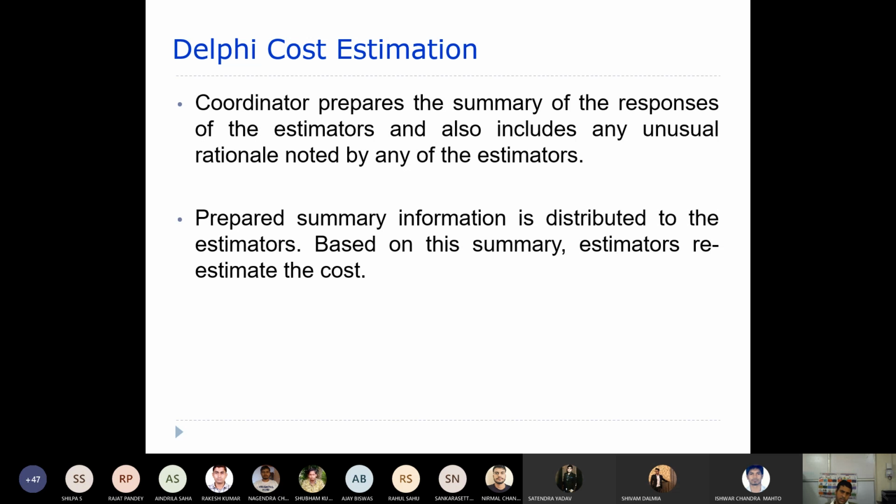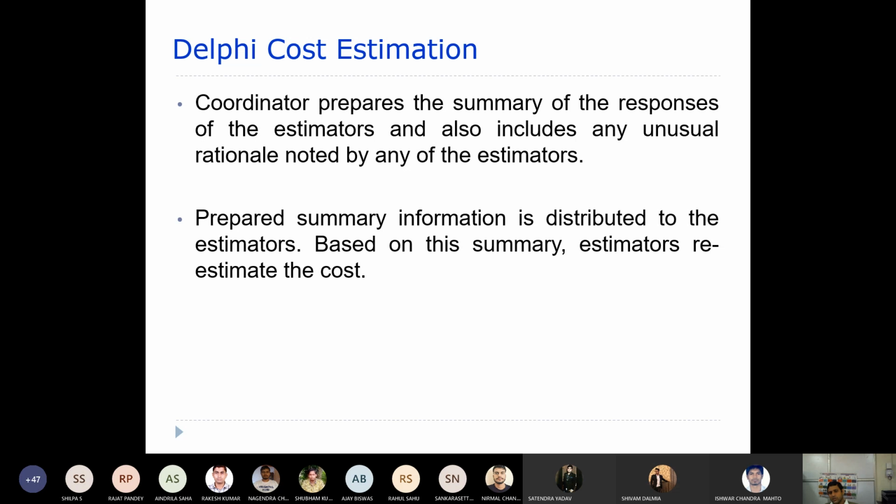Now, what will a coordinator do after receiving all of these estimates? The coordinator will prepare a summary of these responses, that means whatever responses came in the form. Taking those responses, as well as the unusual rationale or characteristics which influenced the estimators, they are also made part of the summary.